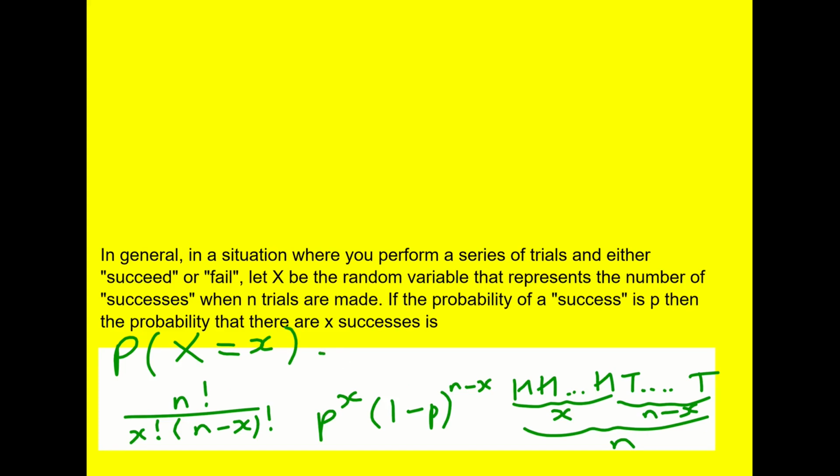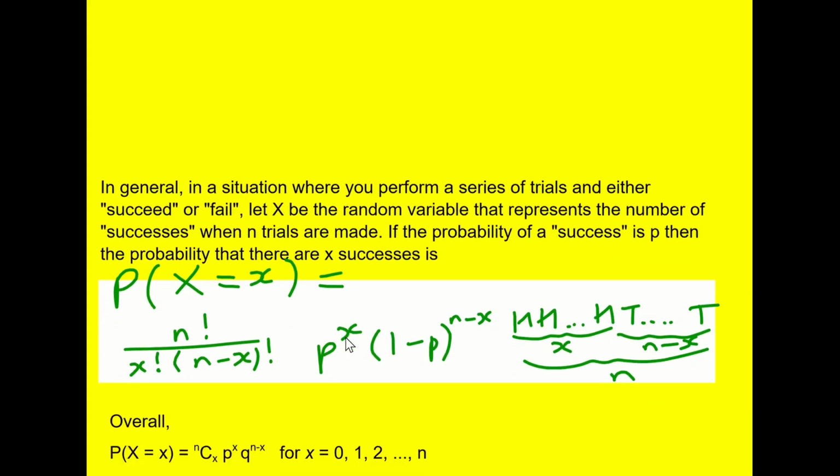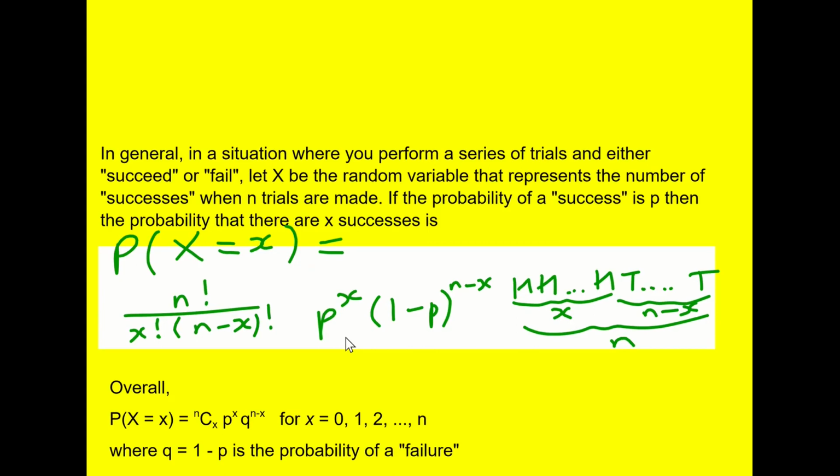That is our answer. That's our binomial distribution. Now, it actually turns out that this thing here can be written as n C x. So that's just a shorthand notation for it. It means we do n factorial, we divide by x factorial, and then we do n minus x factorial.